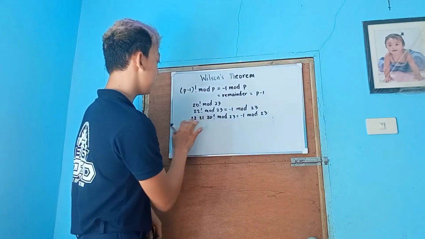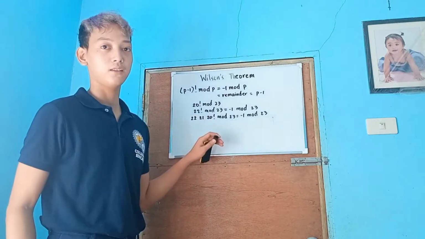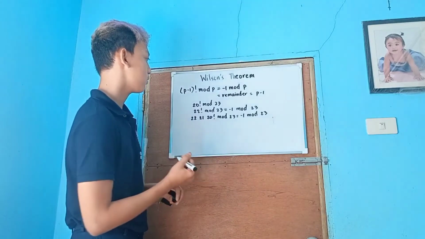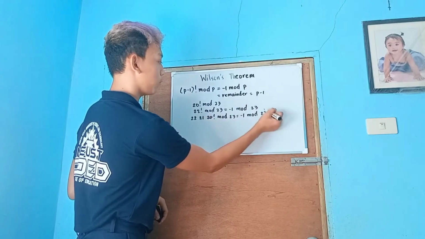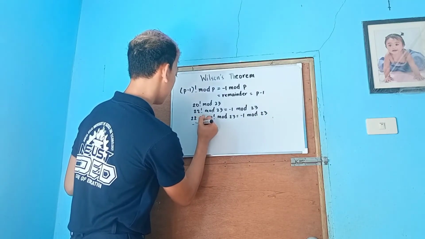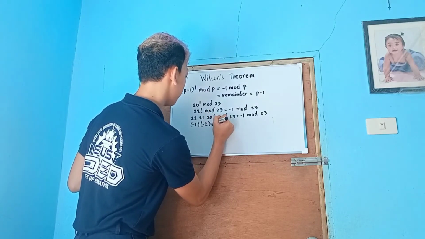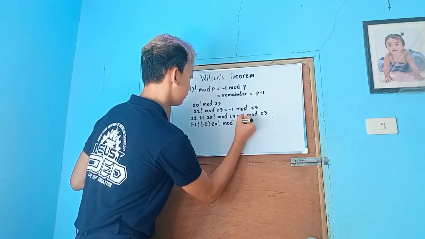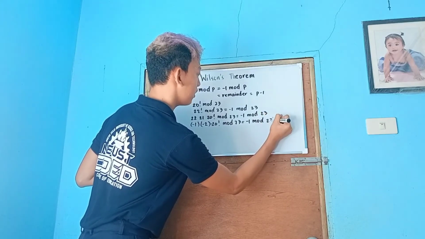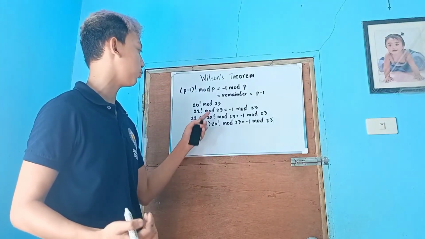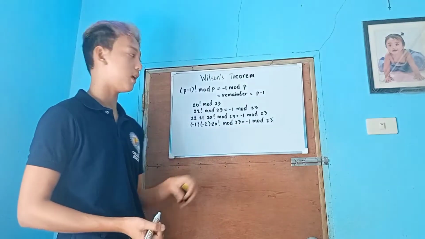Again, we have to eliminate the constants on the left side, which are 22 and 21. To eliminate that, we subtract 23 from each. Then it becomes negative 1 times negative 2 times 20 factorial mod 23 equals negative 1 mod 23.